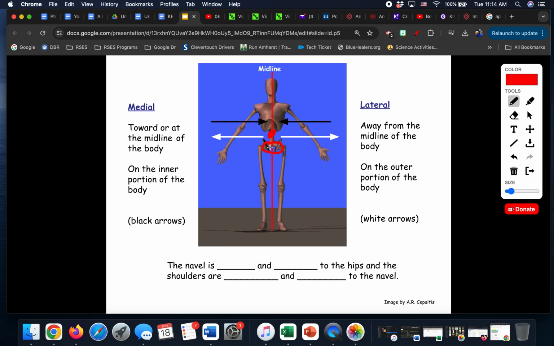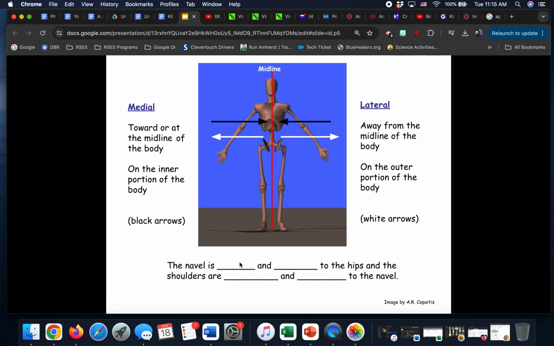So the navel is higher, so it's superior, and it's closer to the middle, so it's medial. The shoulders, compared to the navel, the shoulders are higher, so they're superior, but they're further away from the middle, so they are lateral. That's how these fill in the blanks work.